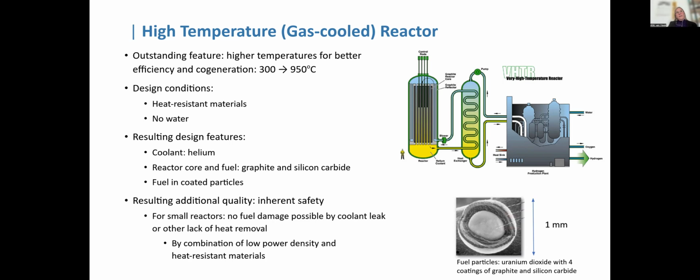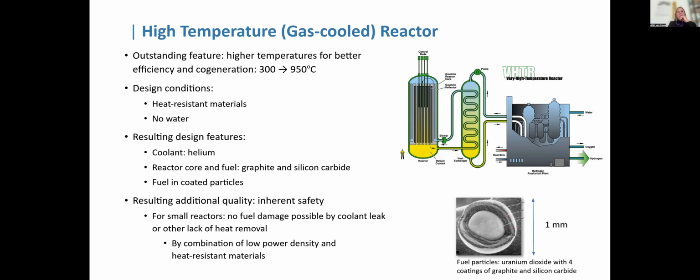So the resulting design features are that the coolant is helium gas. Reactor core and fuel are graphite and silicon carbide, all heat-resistant materials. And the fuel is in so-called coated particles. That's in the picture on the right below. You have these very small uranium oxide kernels, and they're coated in 4 layers of graphite and silicon carbide.